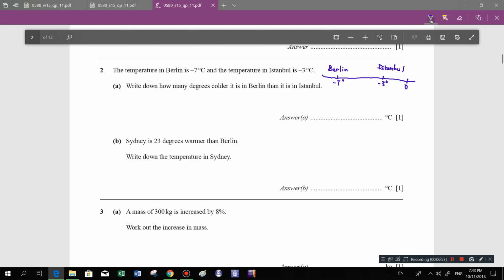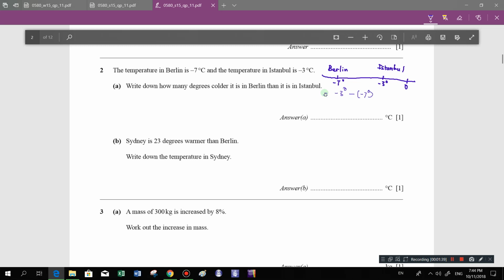Okay, now let's look at the question. Write down how many degrees colder it is in Berlin than it is in Istanbul. To find the difference, what we do is we take the higher temperature, in other words, take the higher temperature, minus 3, then minus the cooler temperature, which is minus 7.